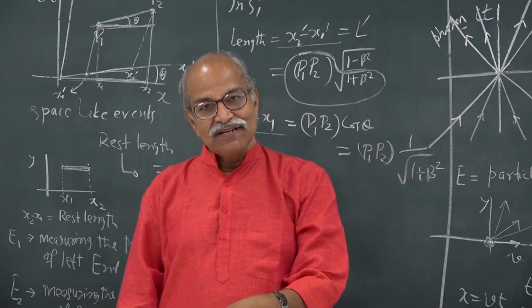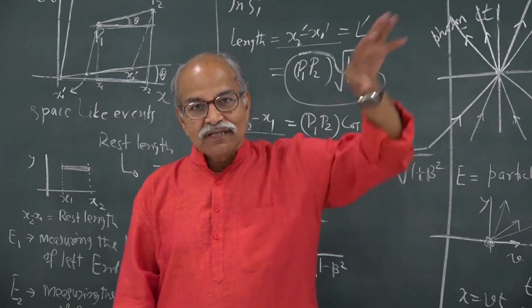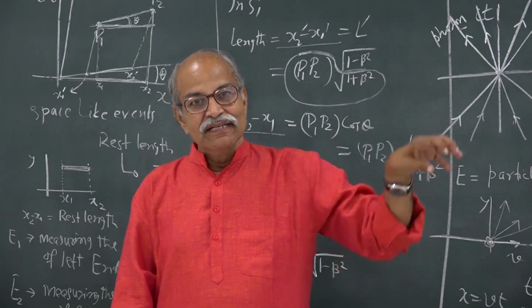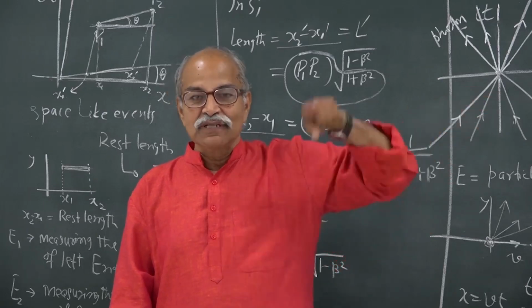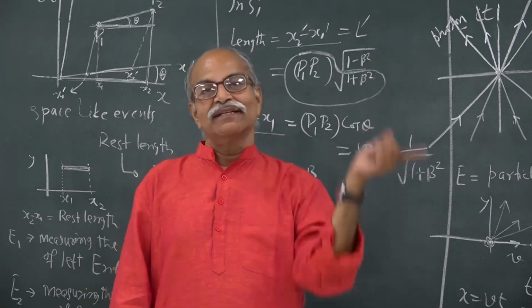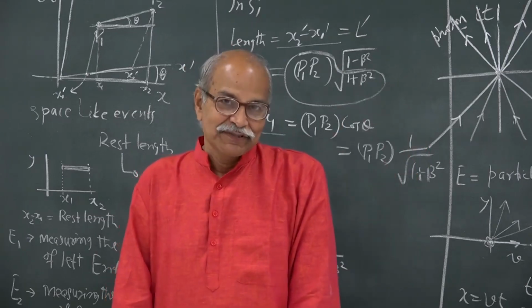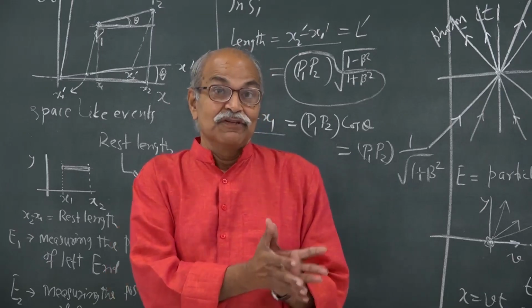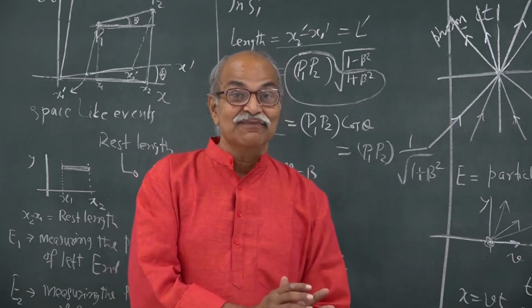Newton's laws were okay with Galilean transformation. Galilean transformations say that if Newton's laws are valid in one inertial frame, they are also valid in all other inertial frames. So, the principle of relativity works very well with Newton's laws and Galilean transformation.